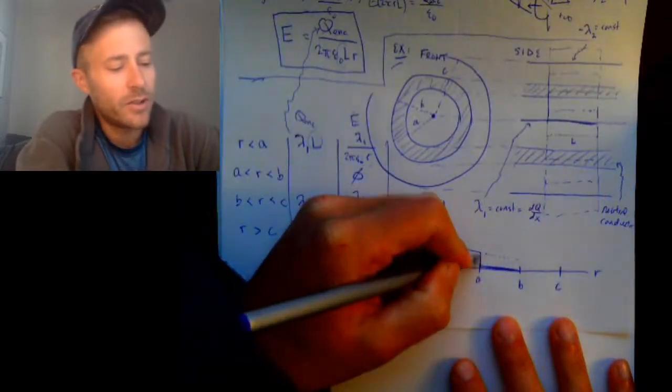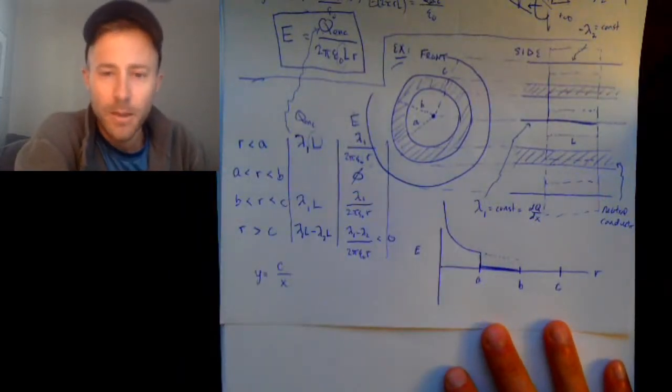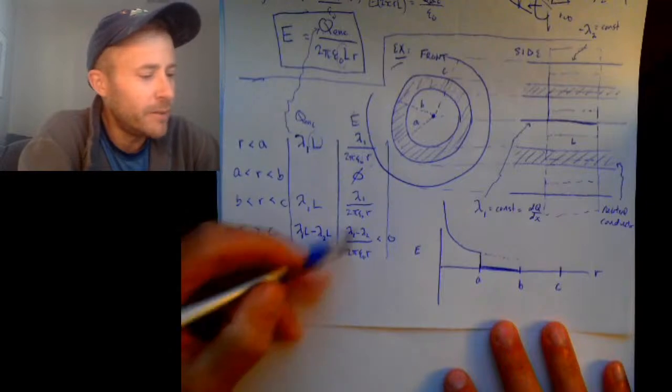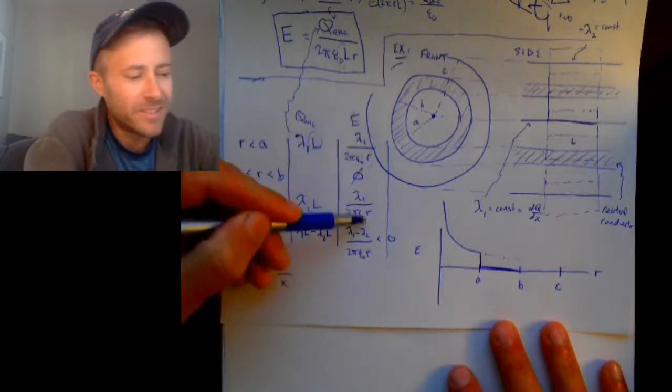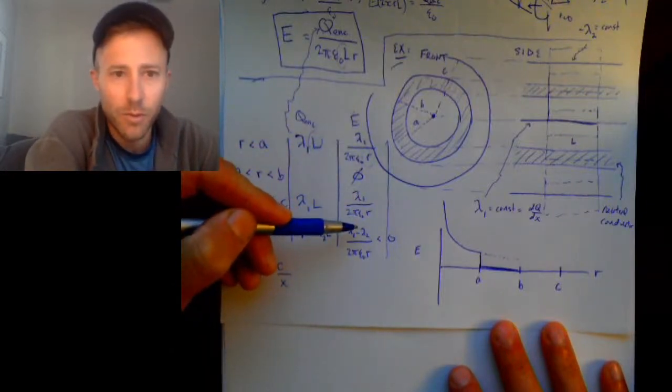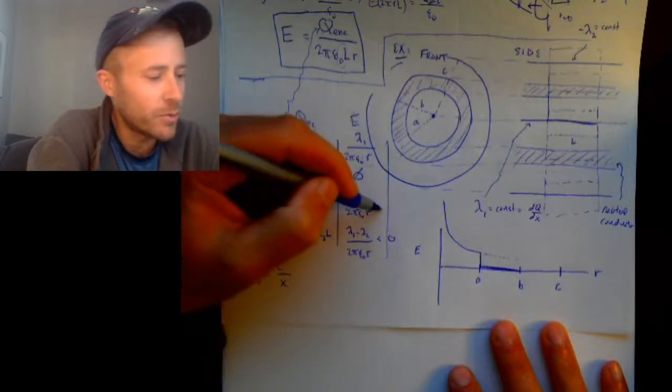But once it hits A, it drops to 0. Then once we hit radius B, it resumes the exact same pattern that it was doing before, because these two formulas are the same.